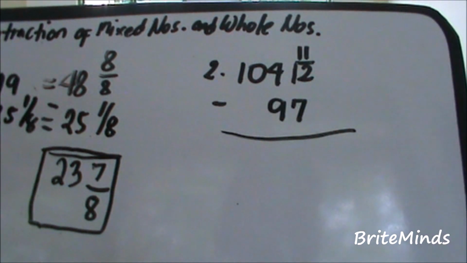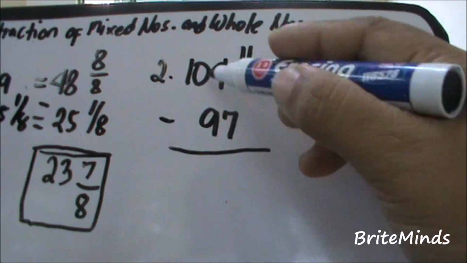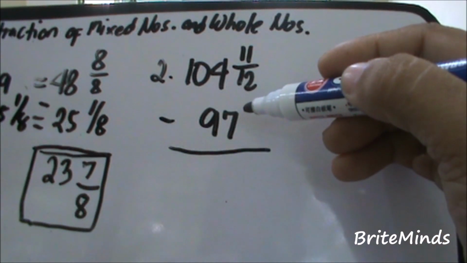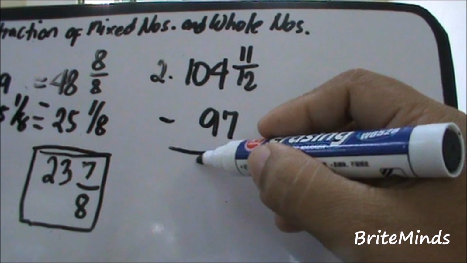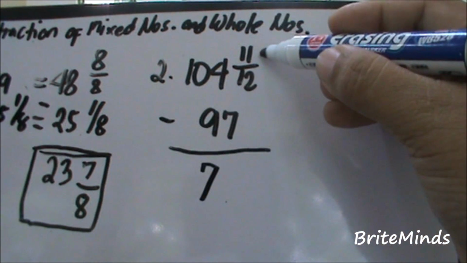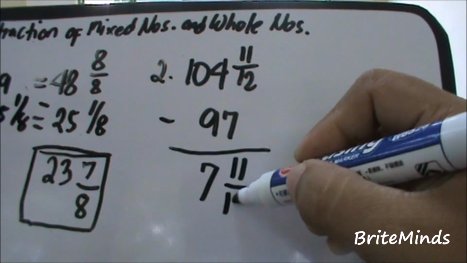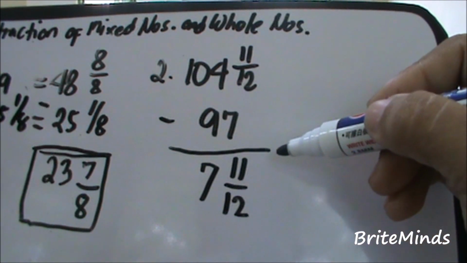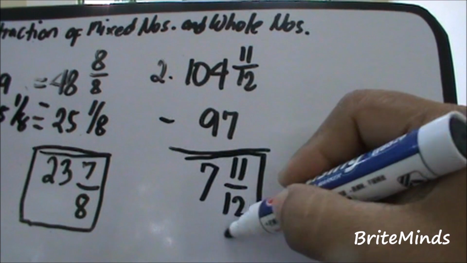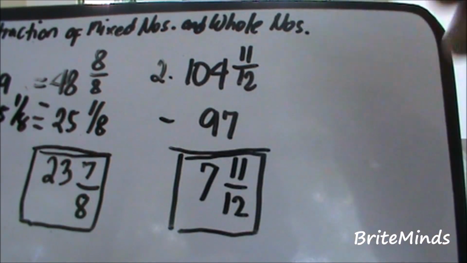So we simply subtract the whole numbers. 104 minus 97 is 7, and then copy the fraction. So our answer is 7 and 11 over 12.